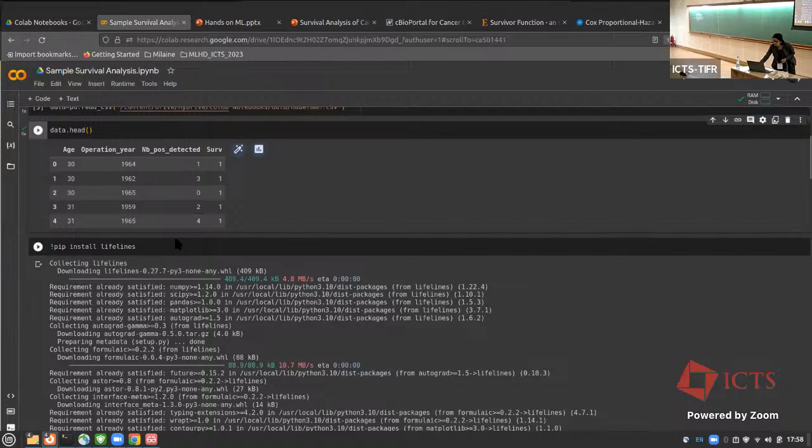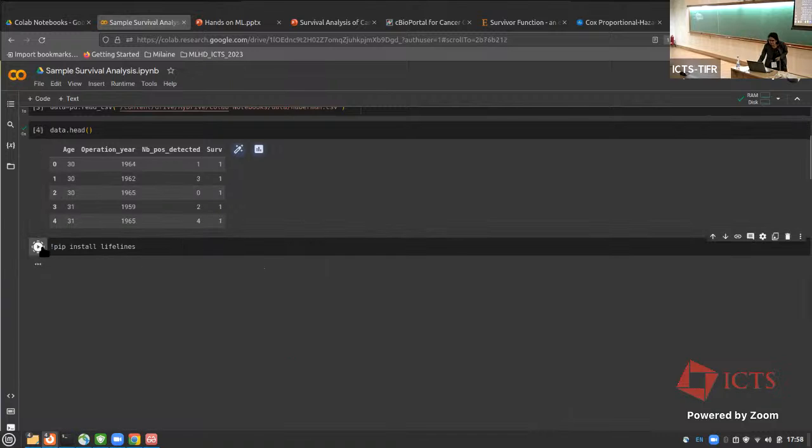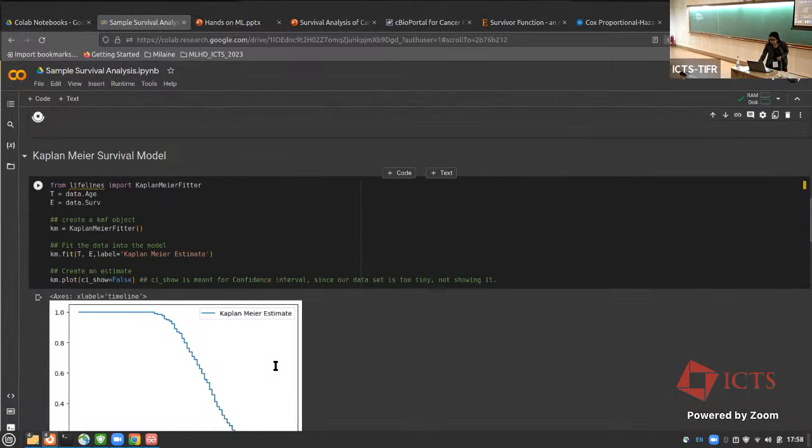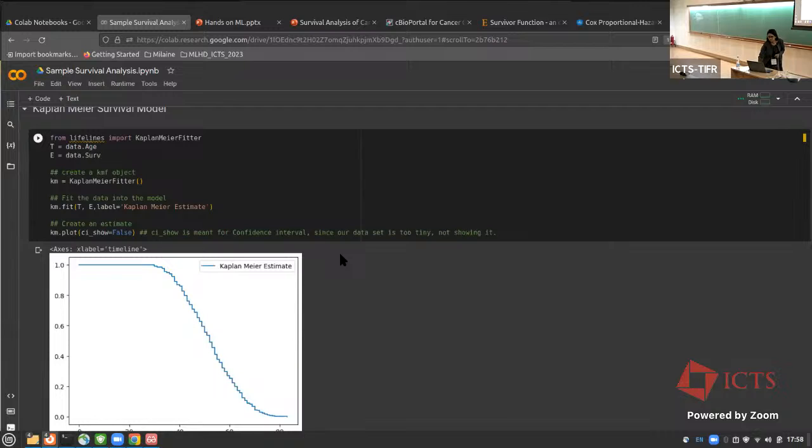So I'm going to use a library called Lifelines. This is not installed in Google Colab, so I have to install that. I'm using age as the time variable here, and I'm using the survival status as the event.